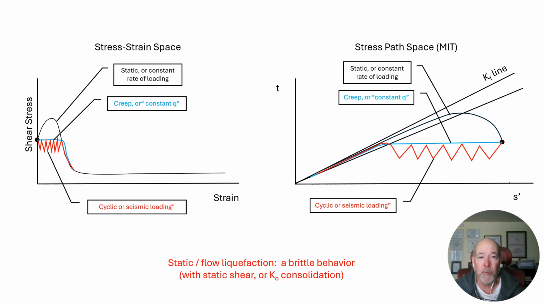Or, as shown in the red lines, we can have cyclic or seismic loading that can get us through that collapse surface without ever going through the peak. So here's the important part to remember when you're analyzing this type of brittle behavior. You don't have to go through the peak.